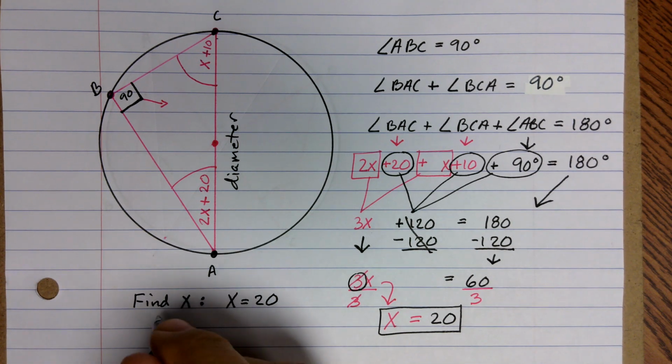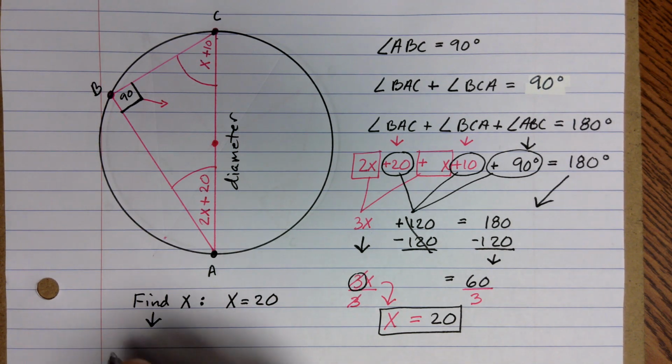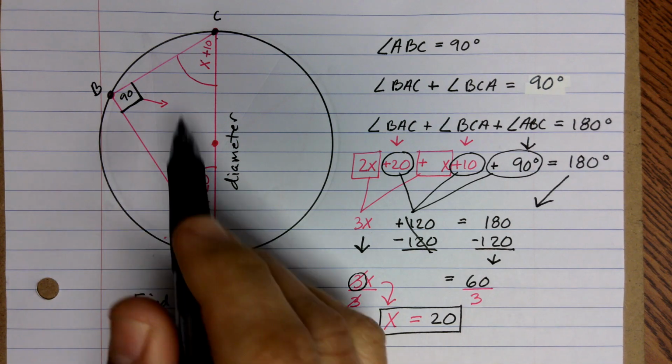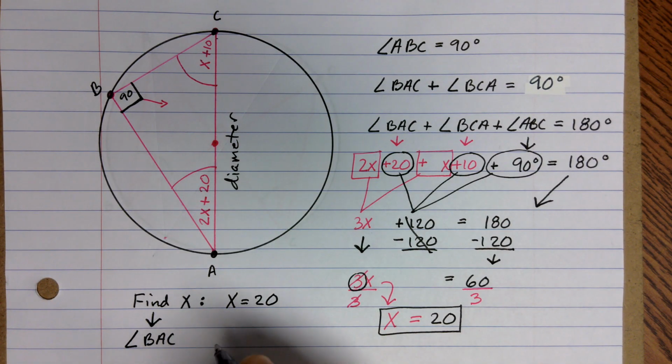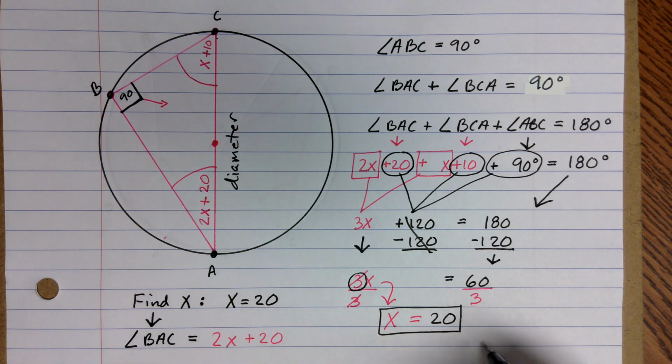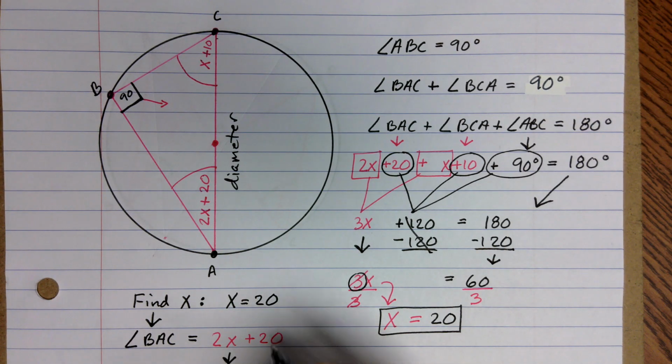So if we wanted to find the measure of angle BAC, I would have to substitute this value of x, which is 20, into that expression. So it's equal to 2x plus 20. And we're going to substitute for x, we're going to put a 20 in there, because we found x is equal to 20.